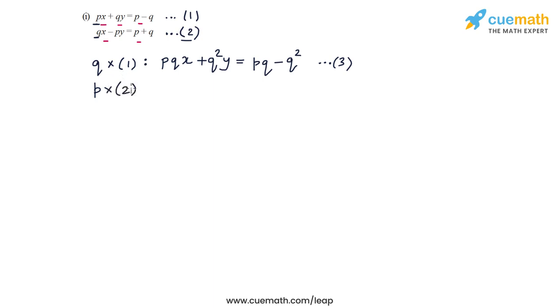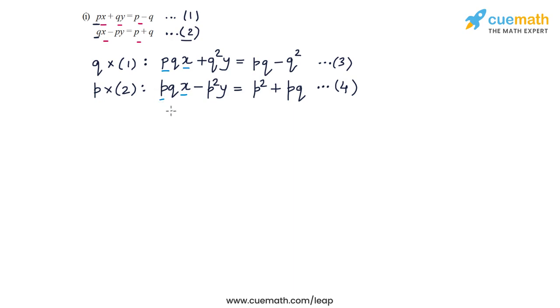So p times equation 2 will make it pqx minus p square y equal to p square plus pq. Let's call this equation 4. And now the coefficient of x in both the equations is equal.